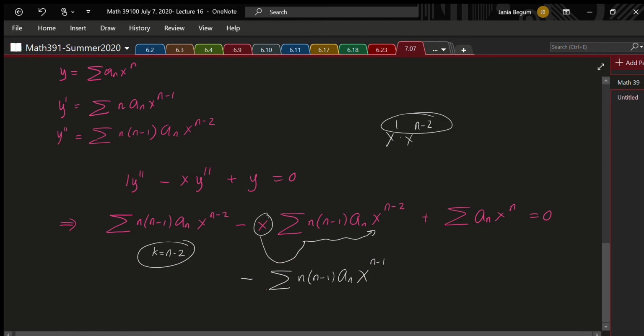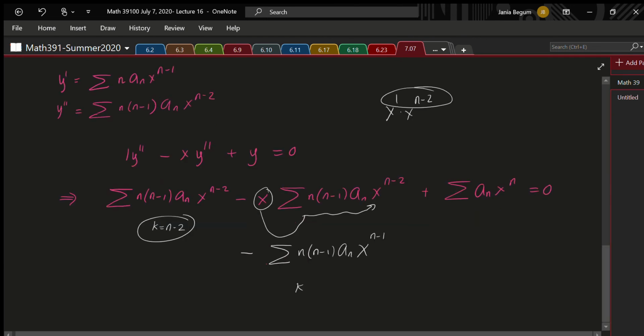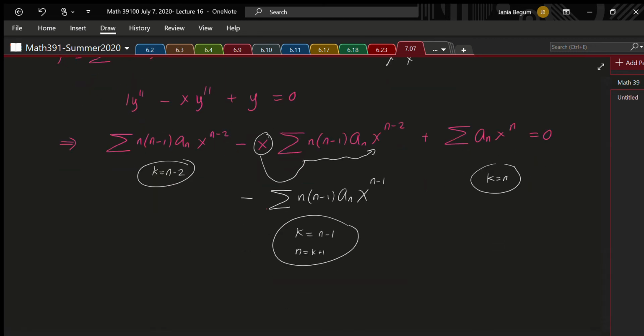By laws of exponents, you're adding the powers. So negative 2 plus 1 is negative 1. Okay, so that's the only one that changes. So now I can use my substitution k for this particular summation. K is going to be n minus 1, so that means n is going to be k plus 1. Oh, okay, good. So it does change. And then for this one, k is equal to n. So not so bad.